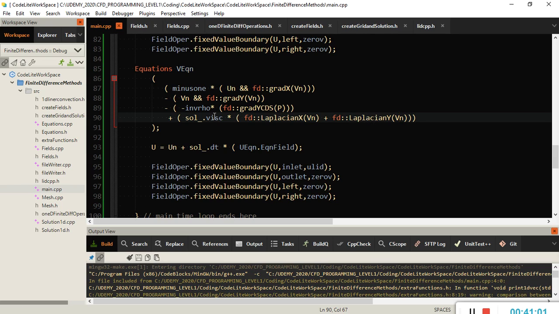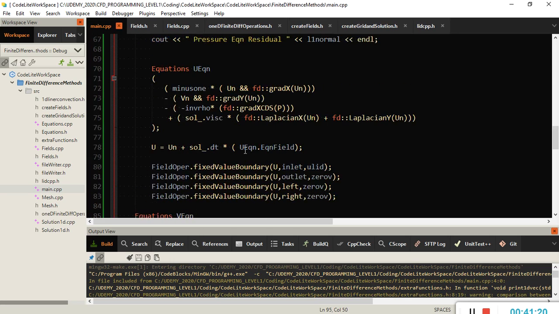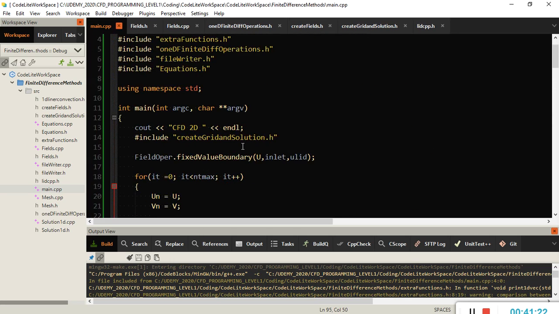So simple as that. And the outcome will be v equals vn plus delta t times the v equation, and the boundary conditions will be almost the same, except the inlet will also hold the 0 value. So there we go, we return the entire thing.